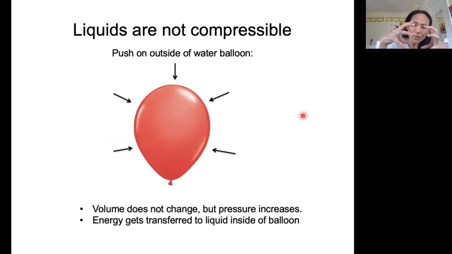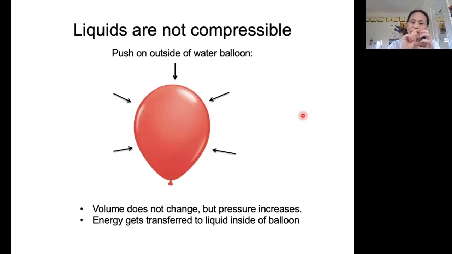However, when you press on the outside of the water balloon, what you're doing is transferring energy into the water that's in the balloon. So the pressure inside of the balloon is increasing. And you can see this if you were to poke a hole in the balloon, right?